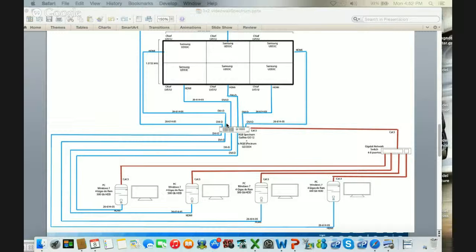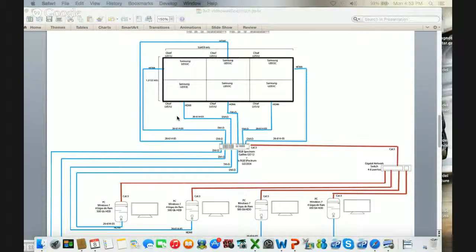The cables that we are using for the outputs are the same as for the inputs. They are from Extron, and we are using the part number 26-614-05. It is very important that you always use very good quality cables.